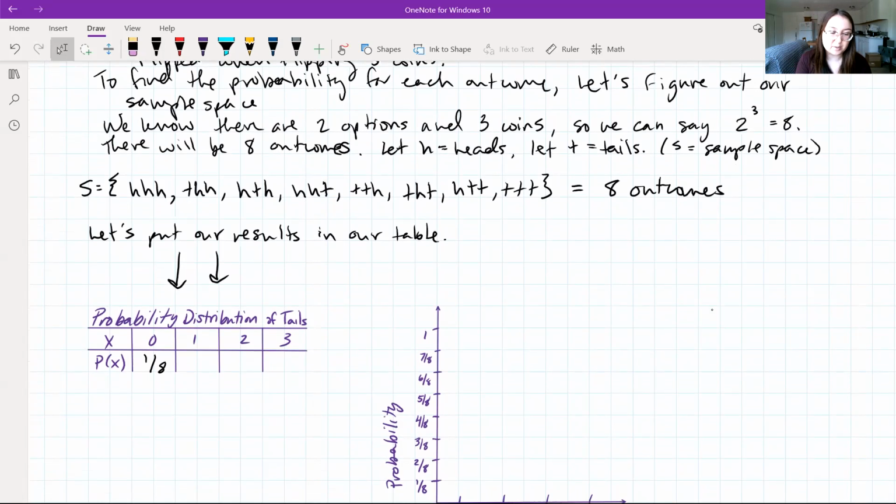Well, we see there's going to be 3 different options. So let's actually highlight this. So 0 tails. Let's do 1. There's going to be 3. You see there's 3 options in which we can only have 1 tail. We know there's 8 outcomes, so the probability is going to be 3 out of 8.